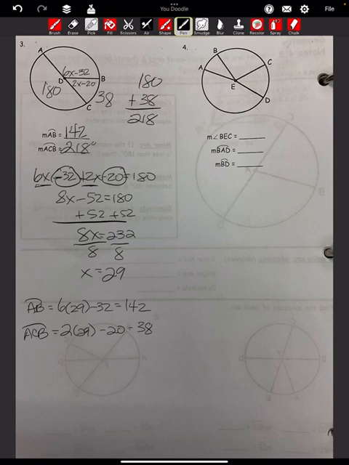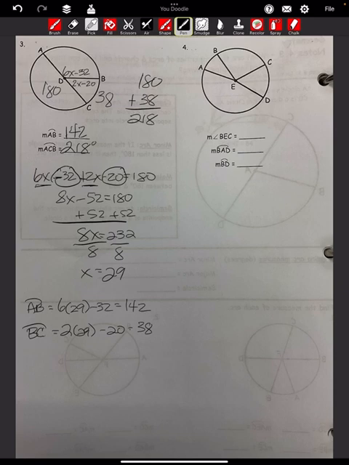So that's 218. All right, so I apologize for that. ACB is not that. That's actually going to be BC. BC is 2 times that, so I apologize. Please write in pencil. If you didn't, scratch it out real quick.